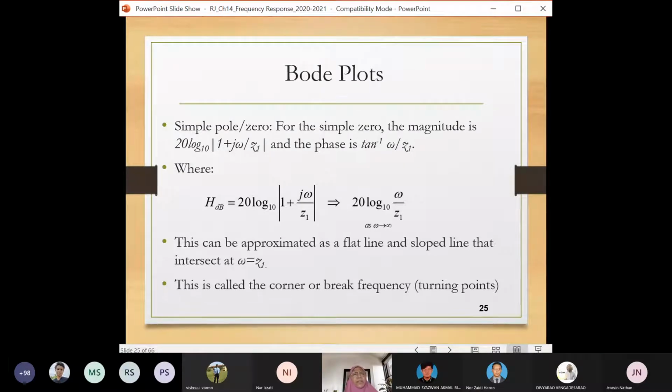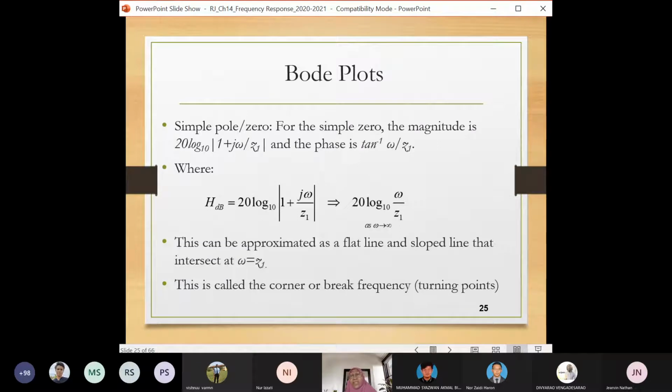For the simple zeros, the magnitude is 20 log10 of 1 plus j omega over z1, and the phase is tangent inverse of omega over the zero's value. The magnitude of the transfer function H in dB is always 20 log10 of 1 plus j omega over z1, and this can be approximated as a flat line and a slope line that intersect at the zero.